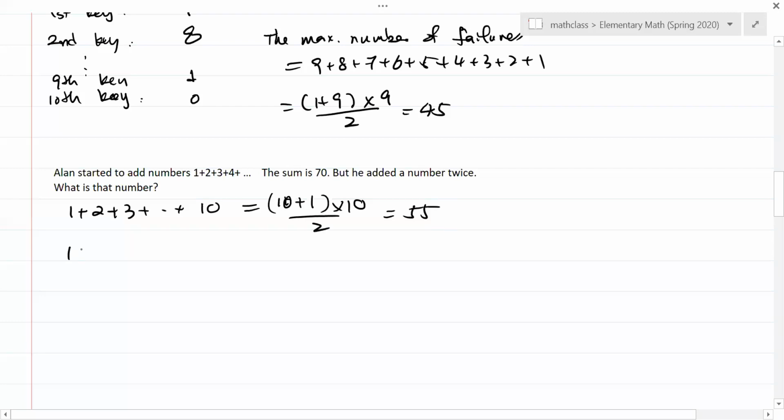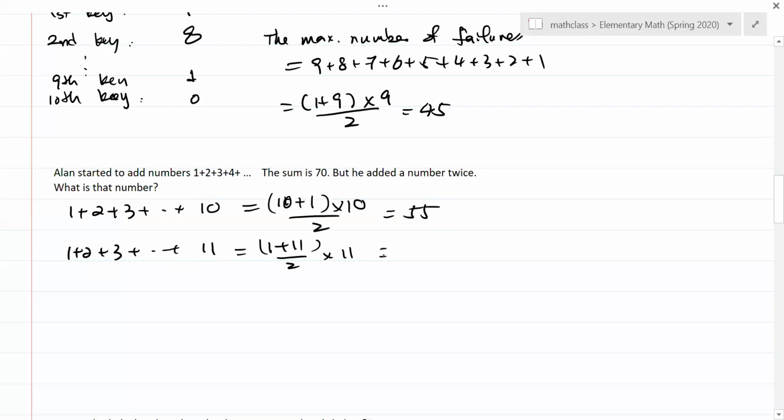Then you try 11. So 11 is 1 plus 11, divided by 2, times 11. That is going to be 66. So pretty close to 70, right?